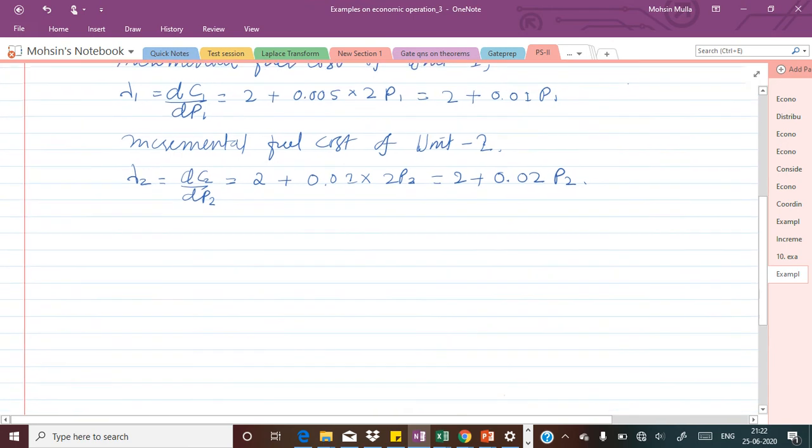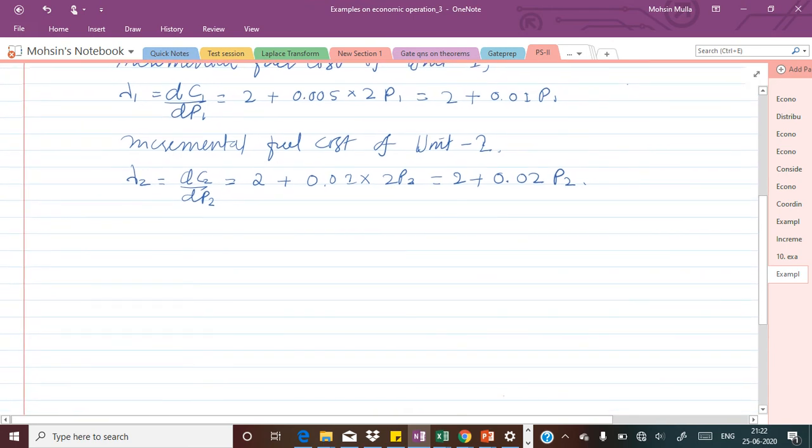Now we know that for the optimum operation of the plant, optimum load division will be achieved when the incremental costs of the two units are equal.